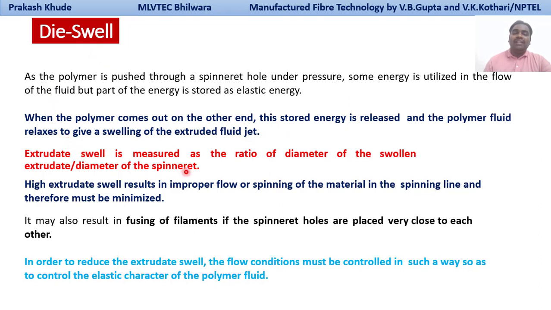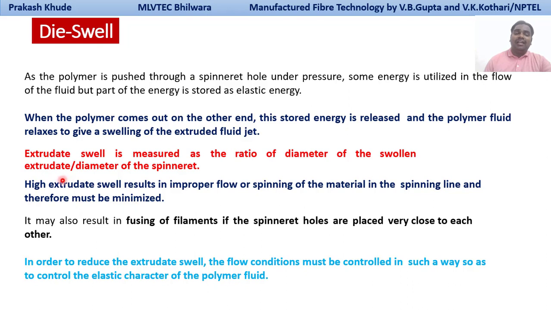How do we measure this die swell? It is measured as the ratio of the diameter of the swollen extrudate divided by the diameter of the spinneret orifice or die. From that ratio we get the extrudate swell or die swell.